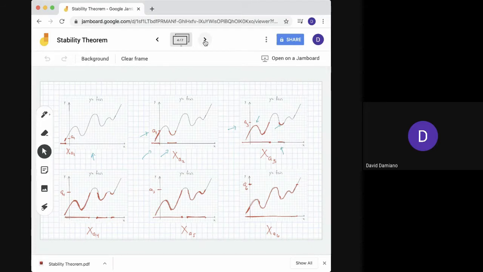We move to a4, and X_a4, and we see another connected component form. We've increased the value enough that we pick up this second local minimum, and no components have joined, so we get 3. Now we go up to a5 and look at X_a5, and here we see the 2 components on the right have joined.